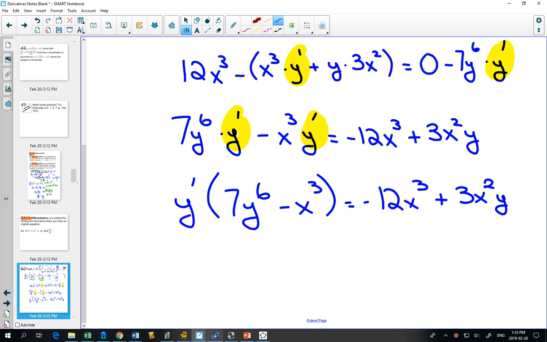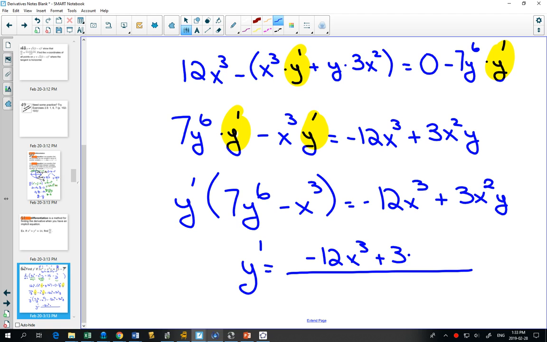At which point, if I wanted to get y prime by itself, oh, sorry, I haven't divided.